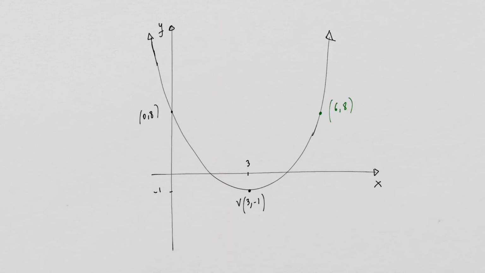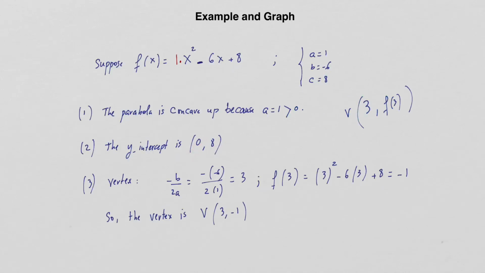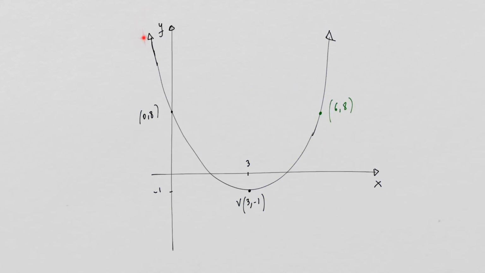If I drew it here, the y-intercept will be very low. So I drew it here so that this looks like a 0, 8. Why? Because that's what I got. Okay, so I drew a parabola. I drew my axis to locate my y-intercept. Then I went to my third point, which is the vertex, 3, negative 1.